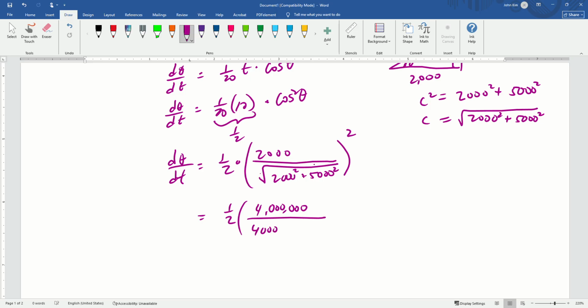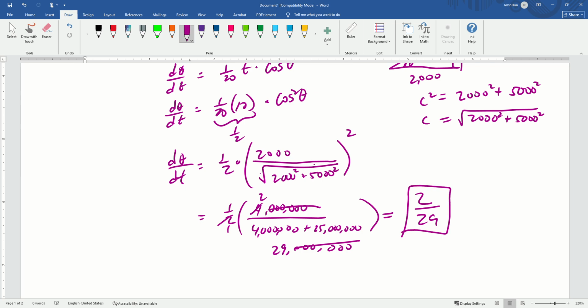The square and the square root cancel, right? 4 million plus 25 million, and 4 million plus 25 million is 29 million. These cancel, these cancel. The 1/2 and the 4 cancel to a 1 and a 2. So you end up with 2 over 29.